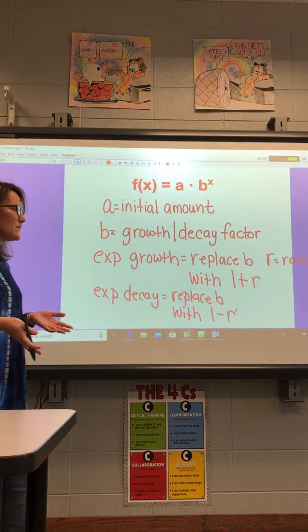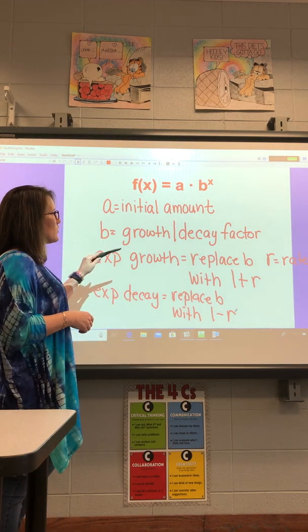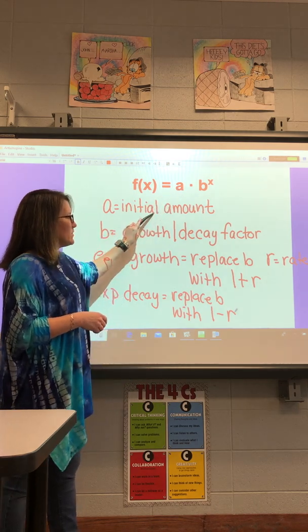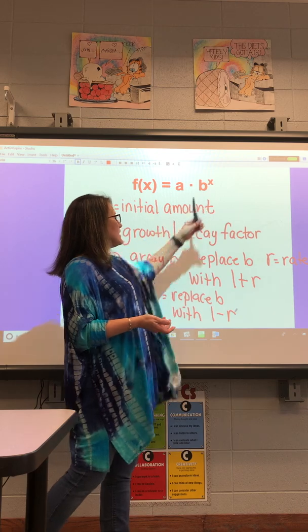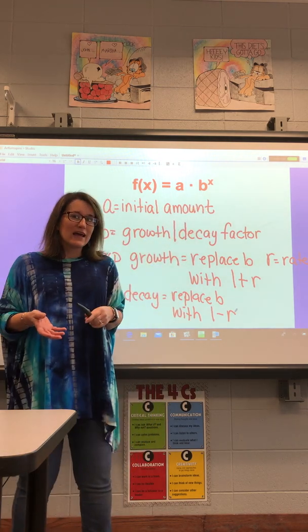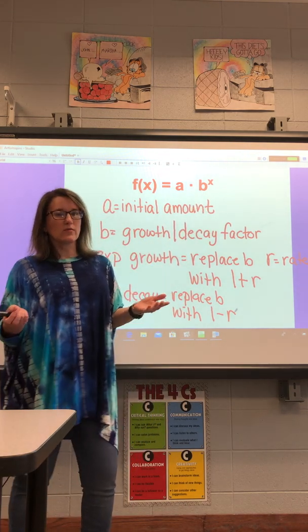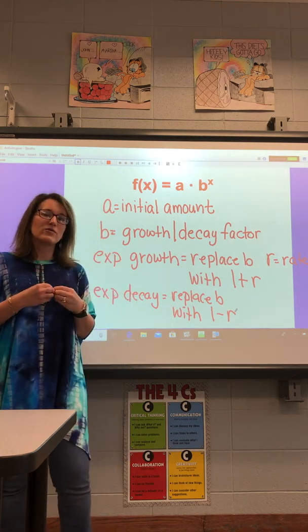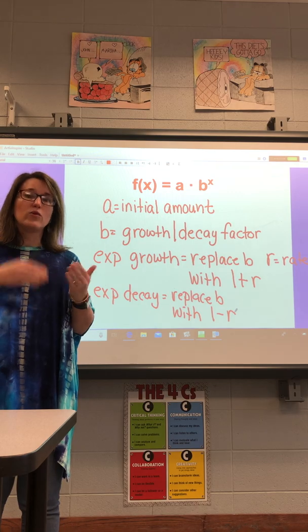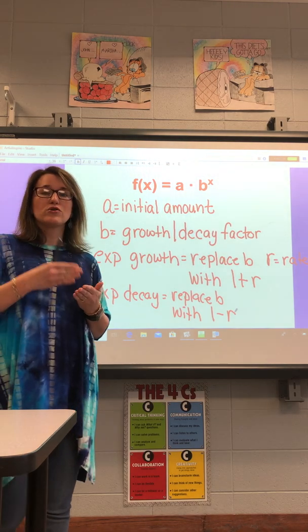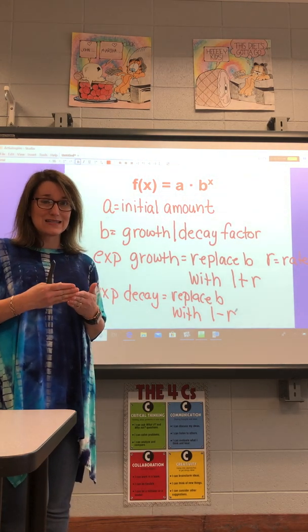So looking through this one more time, A is going to be your initial amount. That's how much you start with. B is going to be your growth or your decay factor, depending on what type of problem you're solving. If you are dealing with exponential growth, you are going to replace your B with 1 plus your percent or rate as a decimal.